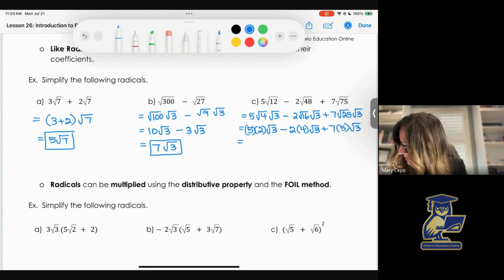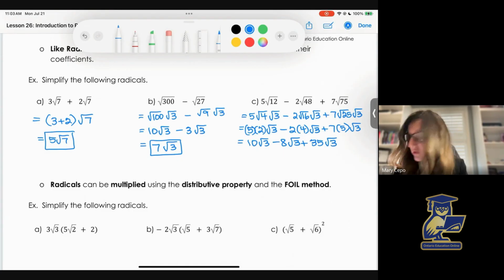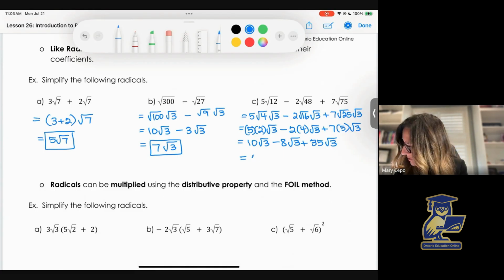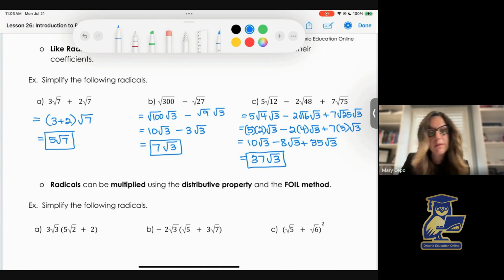So 5 times 2 we know is 10, minus 8, plus 35. Okay, so notice now we have like radicals. So if we take 10 minus 8, which is 2, plus 35, that would be 37 radical 3.